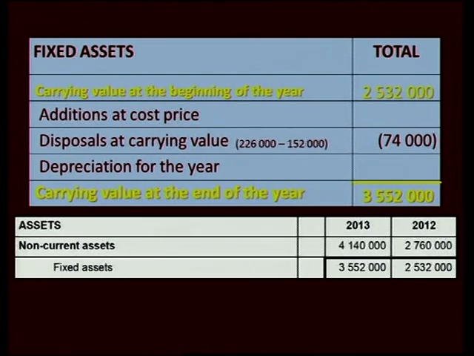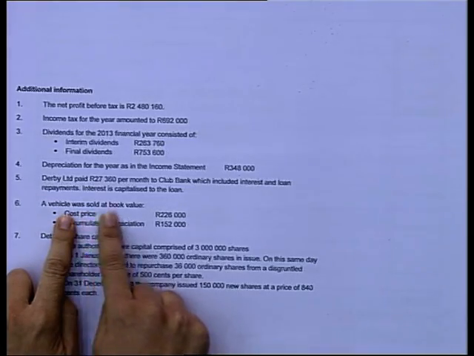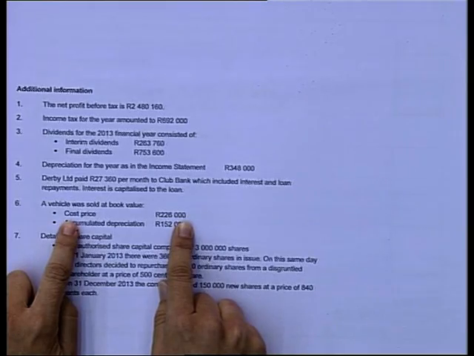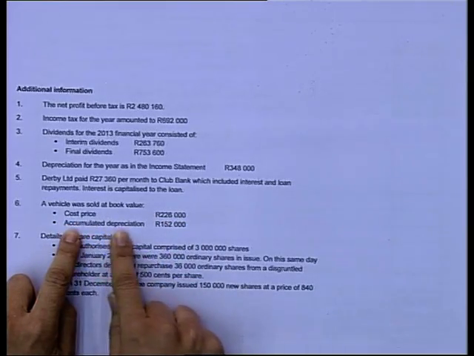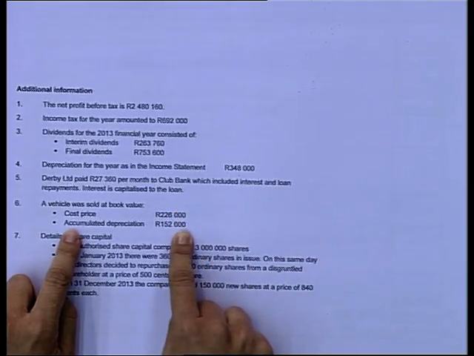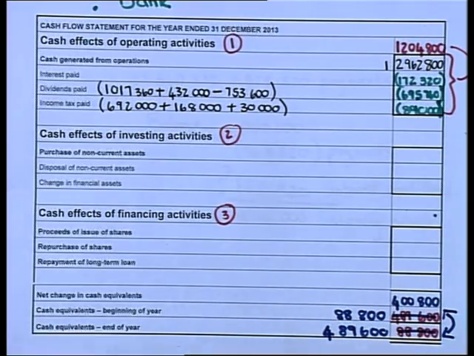How do I know that? It says it right here in the note. Have a look at your information. A vehicle was sold at book value. The cost price, 226,000. Accumulated depreciation, 152. If I take the cost price and I minus the accumulated depreciation, I will get to 74,000.